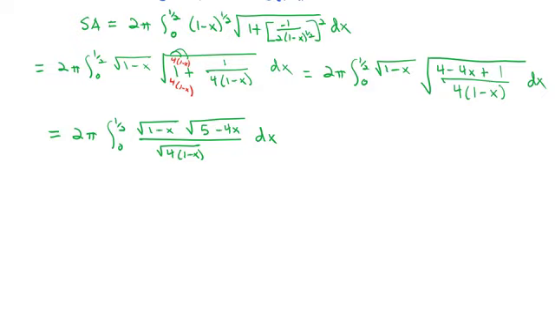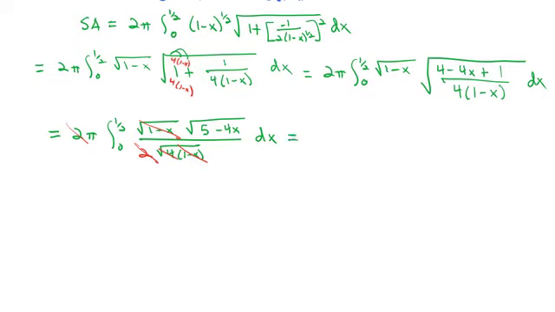And this is going to start to become really nice because we've got a 1 minus x under a square root and a 1 minus x under a square root. Those will divide out. Square root of 4 is 2. So I'll pull a 2 out. But that's really nice because we've got a 2 on top and a 2 on bottom. So those all divide out.